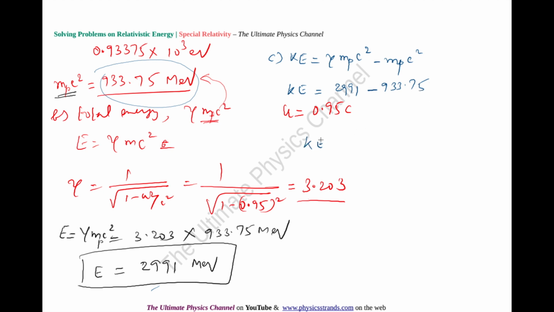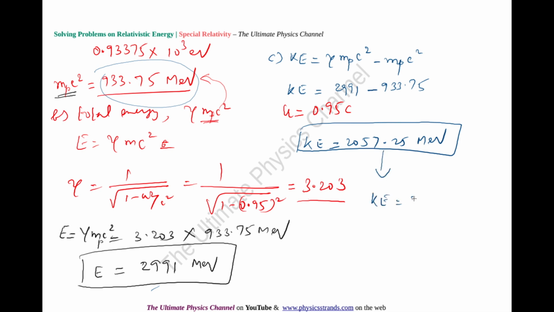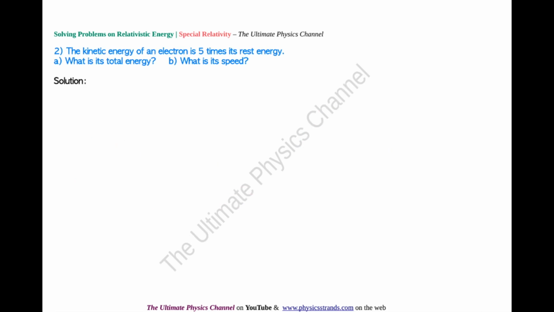Since the units for both are in MeV, we can directly write Ke to be equal to 2057.25 MeV. So this is the kinetic energy of the proton traveling at a velocity u equal to 0.95 times the speed of light c. This can also be written as K equal to 2.057 giga electron volts, in terms of GeV. Either way it's okay, right? Let's move on to the next one.